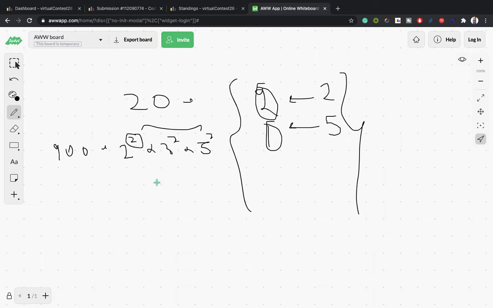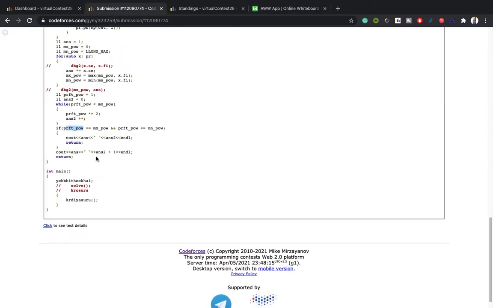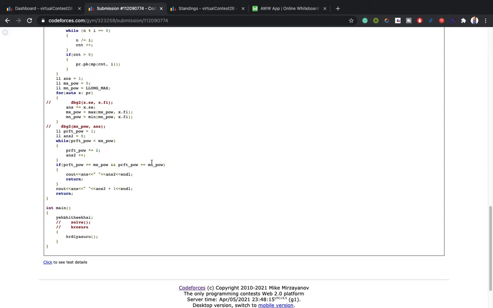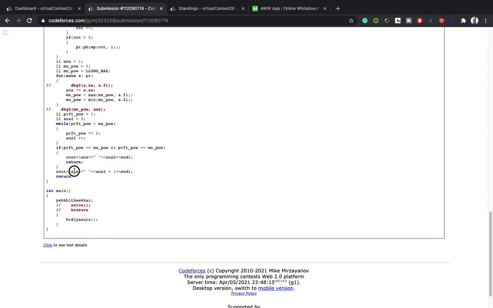So which is the complete power of 2? 2 raised to power 1 is also 2. So in this case, we don't need any multiplication, so our answer will be the same. Otherwise, our multiplication will be increased by 1, so our answer will be this plus 1.